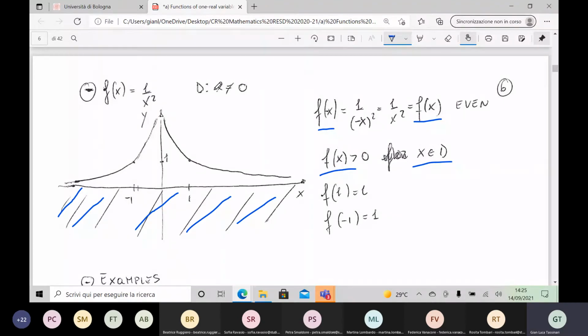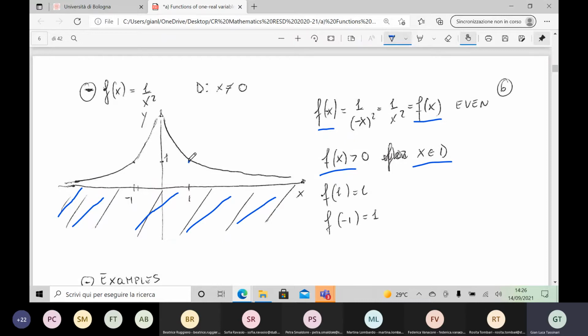As before, guys, for this function, you have two important values. They're important because, as I will explain, they belong to all functions like this one, like 1 over x to the power 4, 1 over x to the power 6. And the points are the point of abscissa 1, when x is equal to 1, which is the value of the function. f of 1 is 1 over 1, which is 1. So the function passes through the point (1, 1).